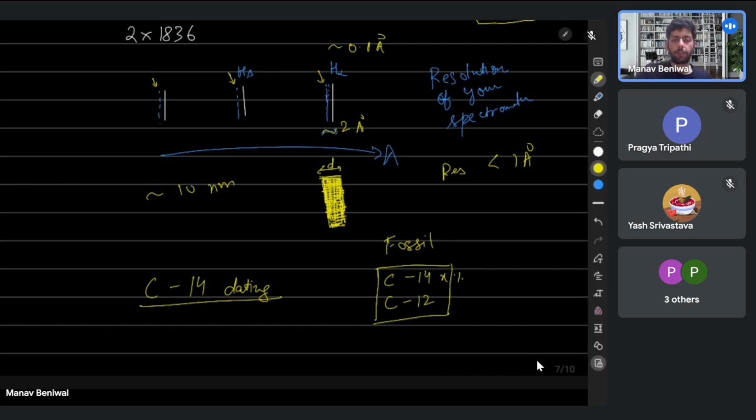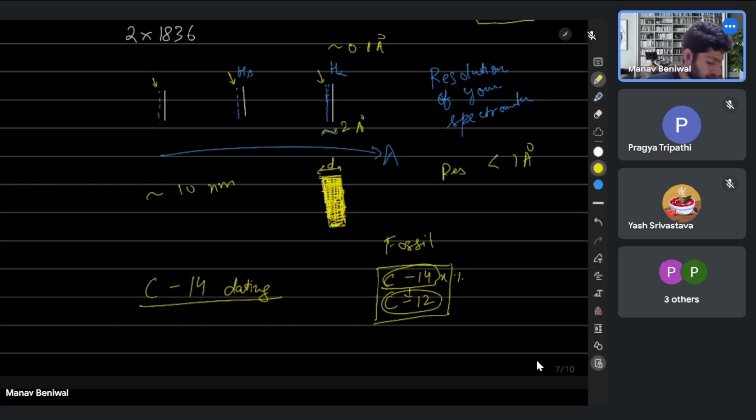I don't know if you guys have studied these nuclear reactions where you have the mean lifetime and half lifetime, all these things of the nucleus. What basically happens is your carbon 14 nucleus decays to a carbon 12 nucleus.